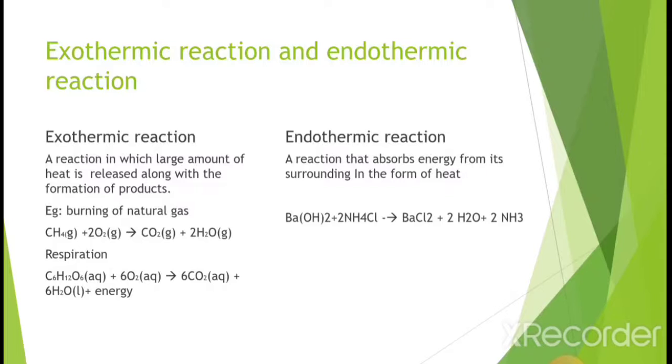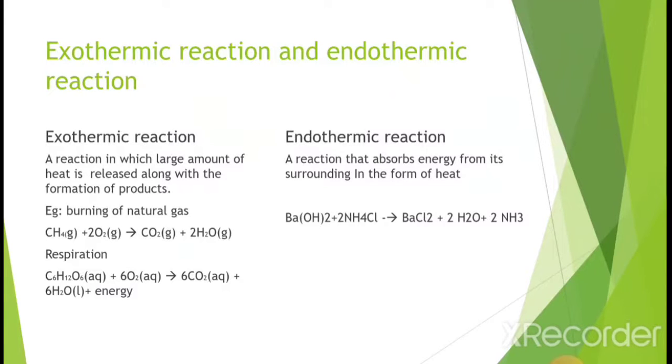For example, I can give the burning of natural gas. When methane burns with oxygen, it gives carbon dioxide and water, and heat is also released. A large amount of heat is released means, for example, when you are mixing chemicals in your chemistry class, such as concentrated sulfuric acid with another chemical, you can feel the heat.